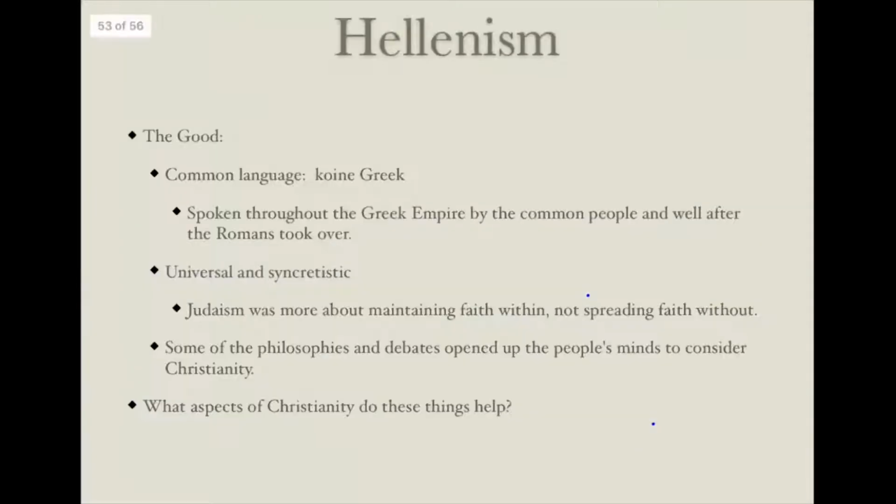Okay, so the good from Hellenism: a common language, the Koine Greek, was spoken throughout the Greek Empire, also by the common people, which is very important. Not just the aristocrats or those in power, those who were well educated, but the common people spoke Koine Greek.